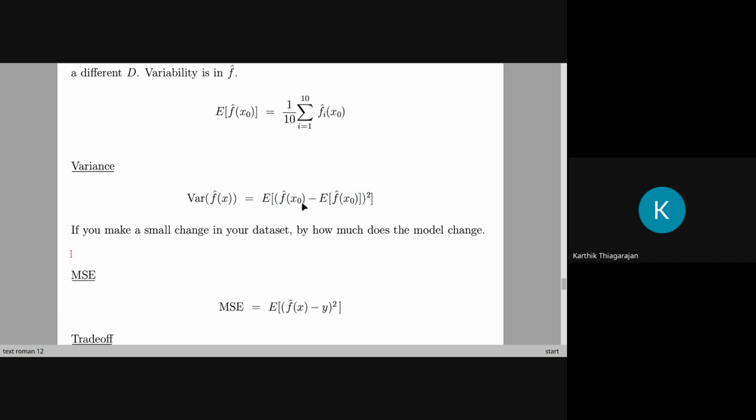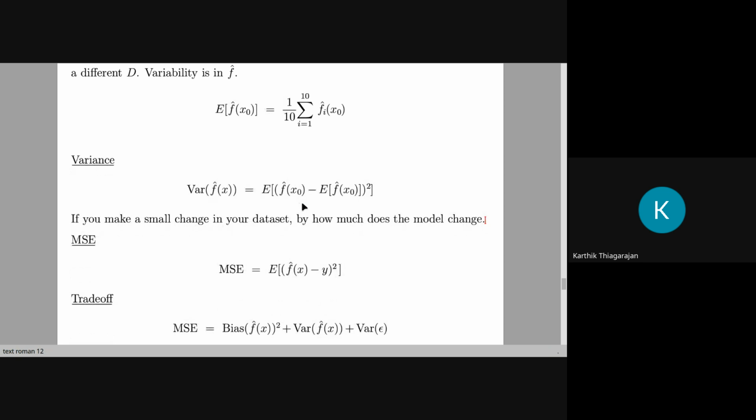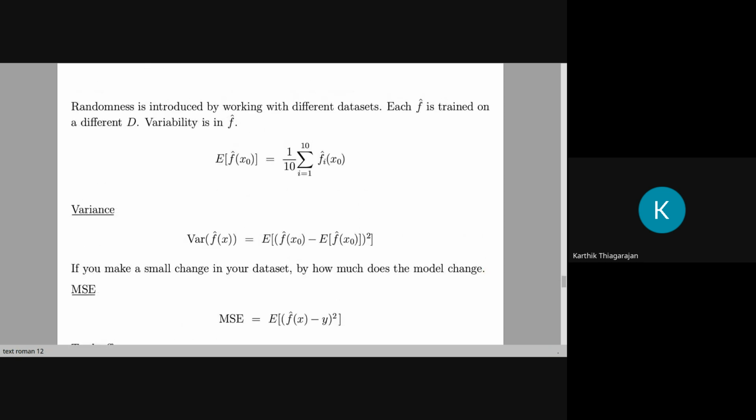If you change a small data point in d1, and that causes a big change in f hat of x naught, if two models give drastically different values because of a small change in a data set, then that means that model has high variance. Any questions on the bias and variance part? What these two concepts represent?